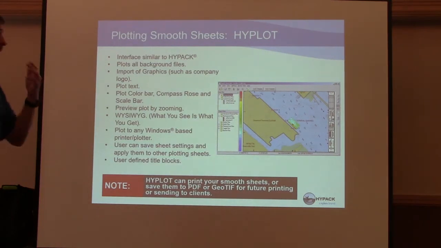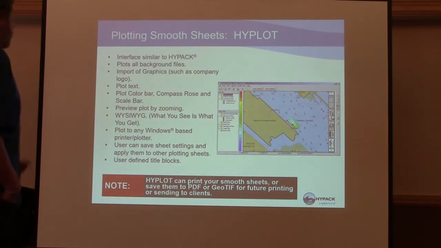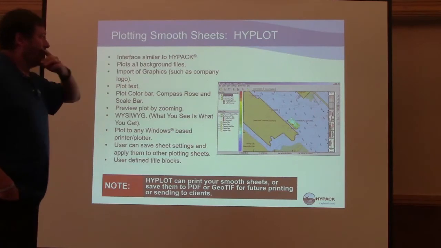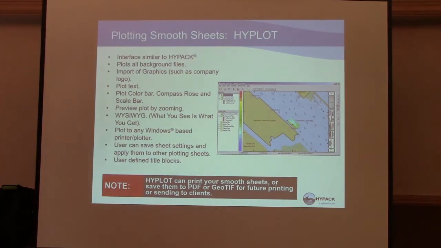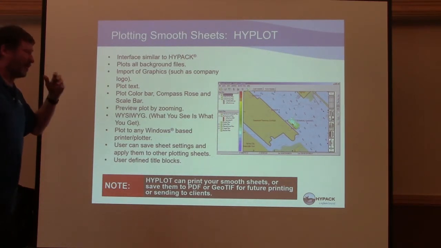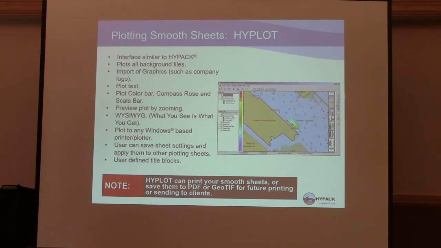We try to support almost any type of background chart available. You can import graphics, either into title blocks or just a graphical image that you might want to plot on the screen. You can do the color bar, compass rose, and scale. There are a lot of different settings and options for all these tools.